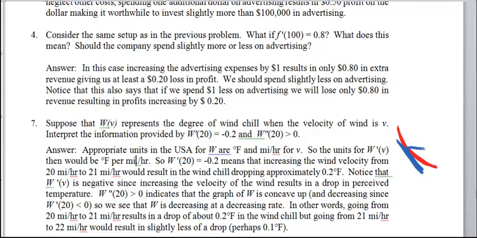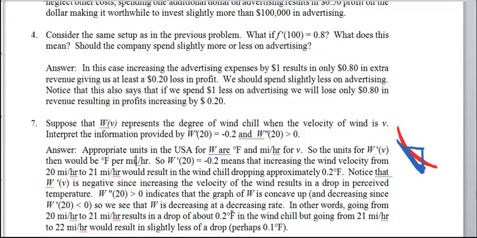If you go over 1 from 20 to 21, this amount of drop here on the tangent line is the 0.2 degrees Fahrenheit. And the actual thing is not going to drop as much.